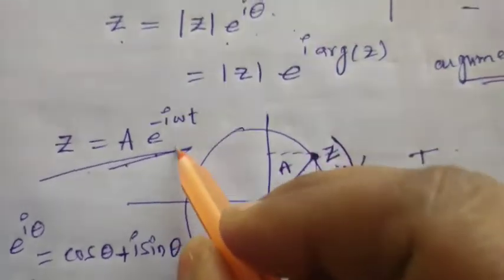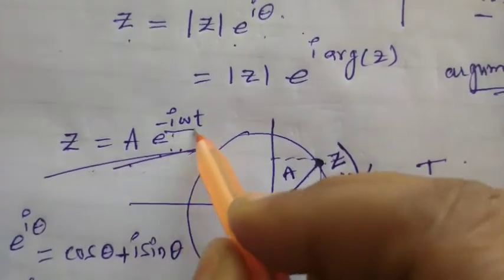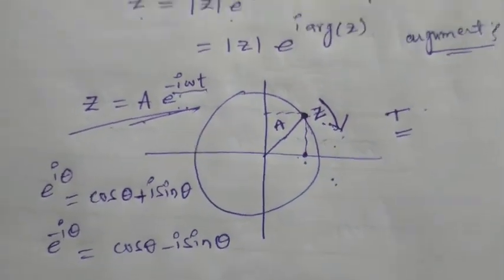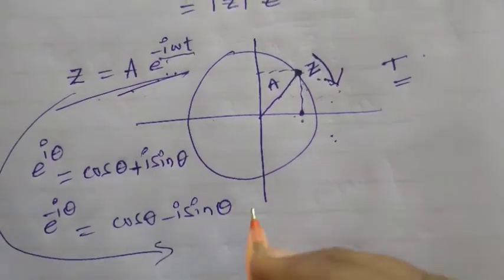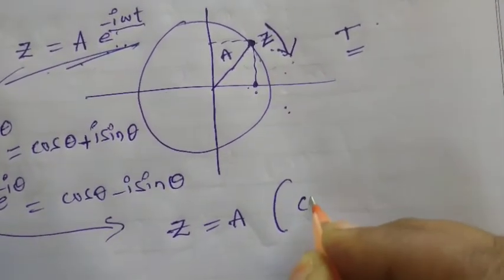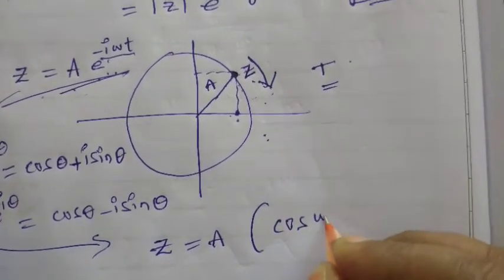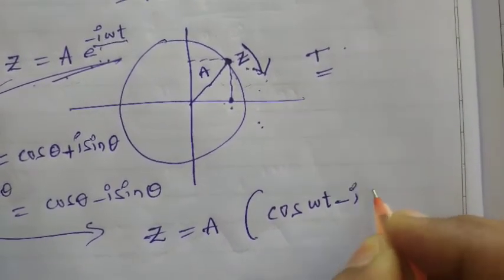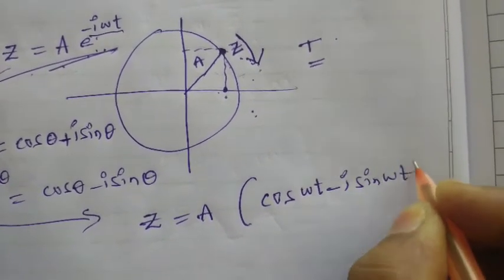Here we have e power minus i omega t, so this can be written as z equals a into (cos omega t minus i sin omega t).